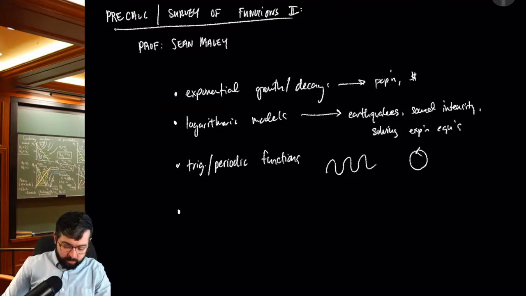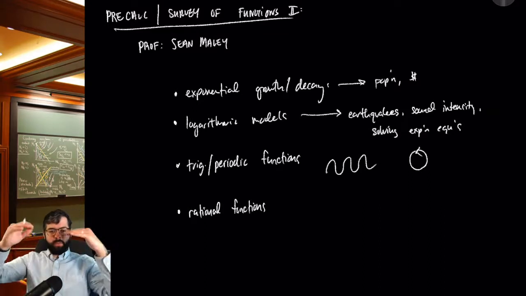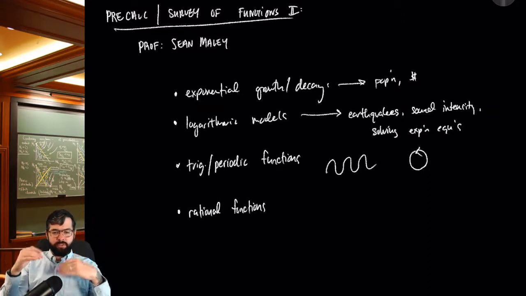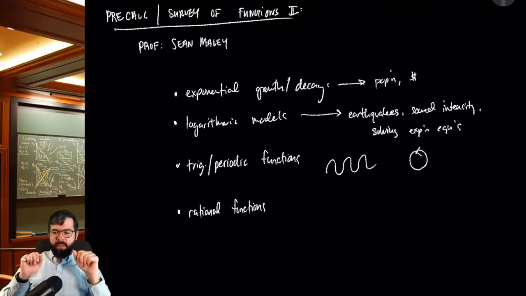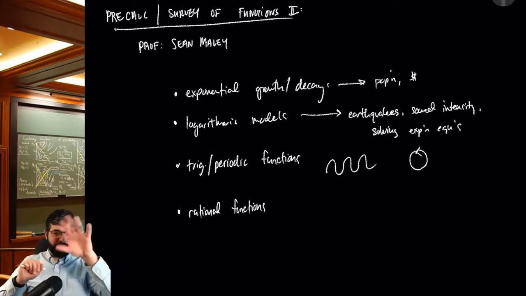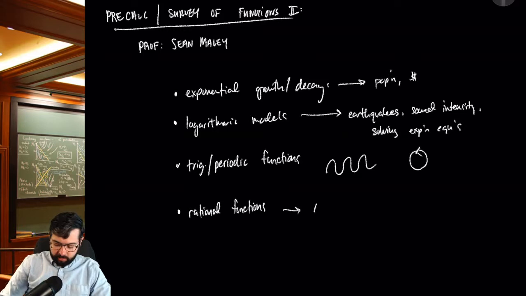And then the last thing we really look at is the rational functions, which are, again, rational means ratio, so comparison. So one function on top and another on the bottom. And how do they kind of race to the finish line? What does their long run behavior look like? So things like average cost functions.